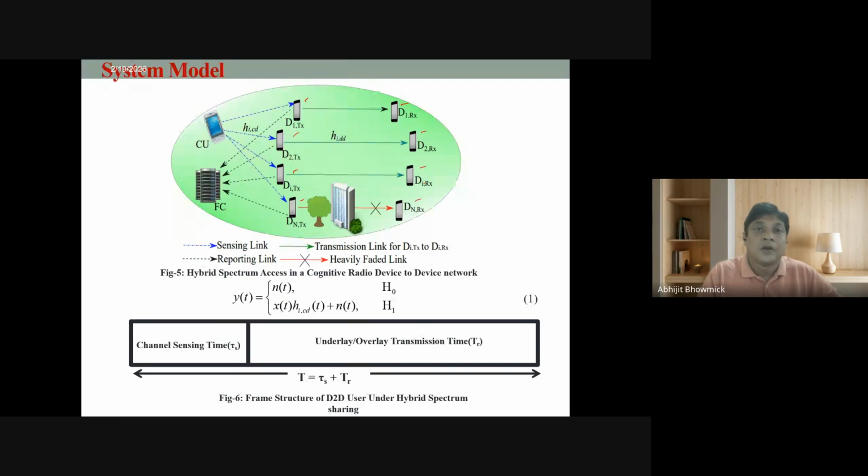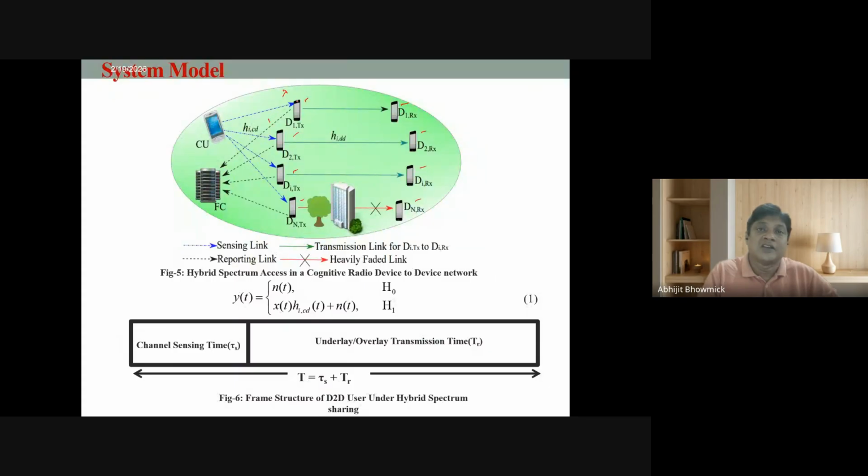First, the transmitters will sense. This is basically the CU user. It will first check whatever signals are available in the CU channel that they receive. They will take their local decision based on whatever signal they are receiving. They check based on some set threshold whether that CU signal is present or not. Accordingly, they take some decision, 1 or 0.